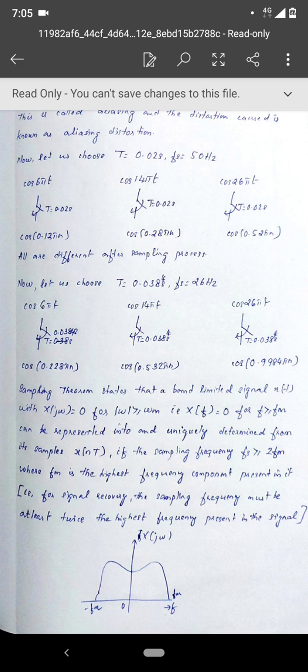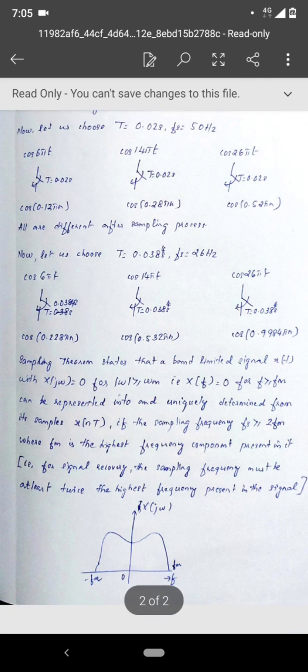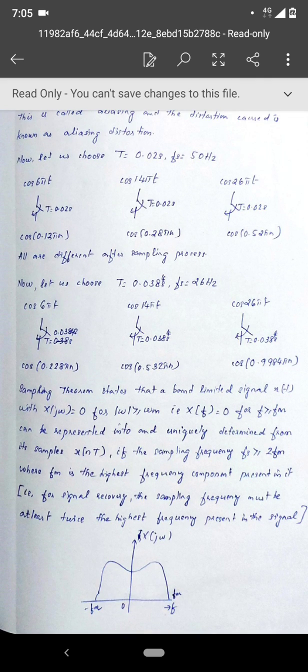For a periodic signal you will be plotting the spectrum. If you find the Fourier transform, you can actually plot the spectrum. At the bottom, along the x-axis you have the frequency, and you can plot the phase as well as the magnitude, so that it becomes the spectrum.